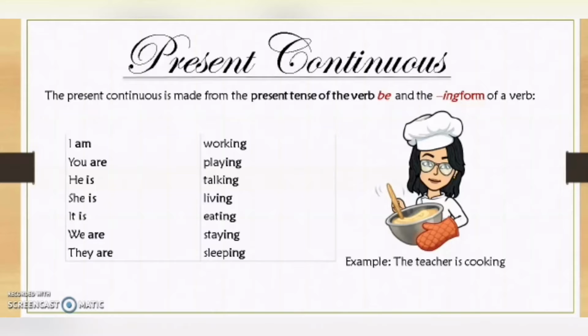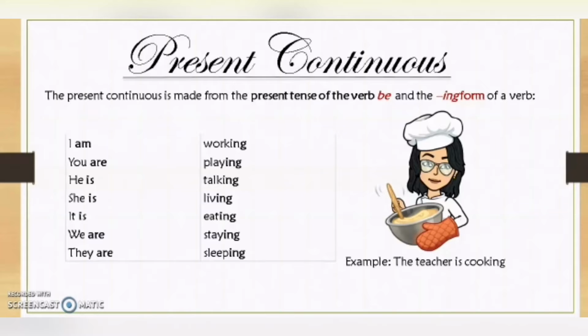I put a chart with examples. I am working, you are playing, he is talking, she is leaving, it is eating, we are staying, they are sleeping, okay? And I put an example about me. I am going to be in all the presentation, in all the video, in different ways.